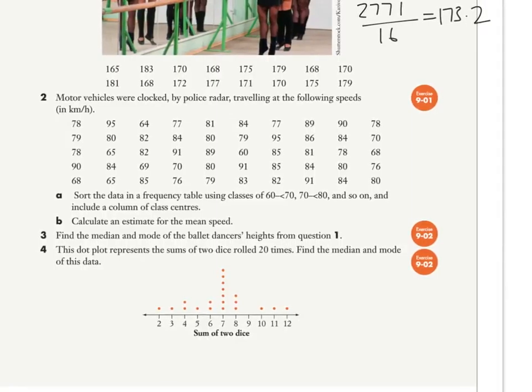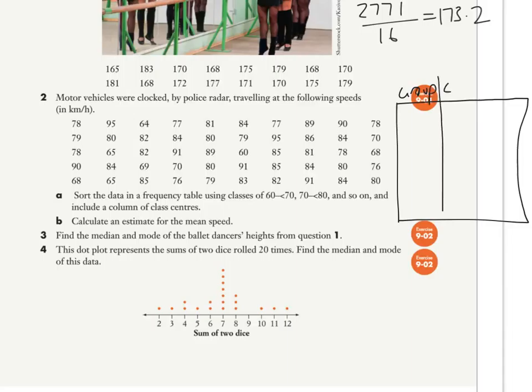Okay, question 2. The speeds, sort this frequency table. Alright, so try to do one as best as possible here. So we've got our group, our class center, and our frequency.